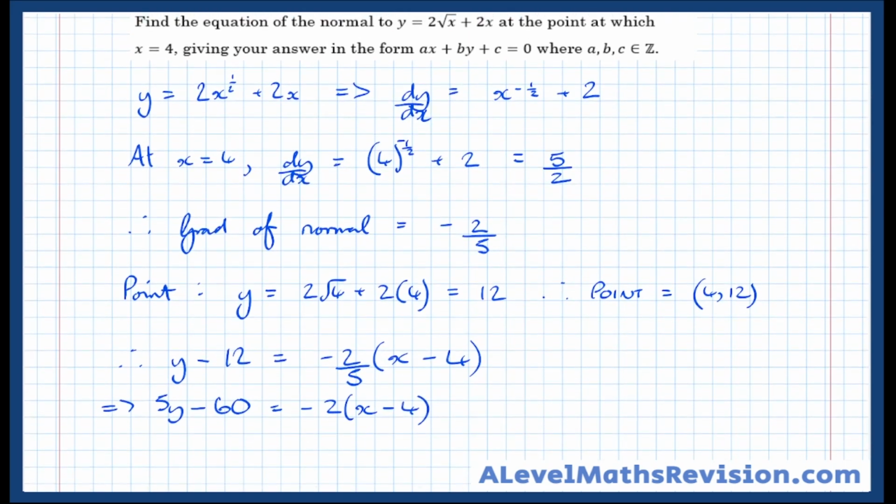If we do a little bit of multiplying out now, I get 5y minus 60 equals minus 2x plus 8. Which means that, rearranging it in the required form, I get 2x plus 5y minus 68 equals 0 as required. And there we have it, the equation of the normal to the curve using differentiation.